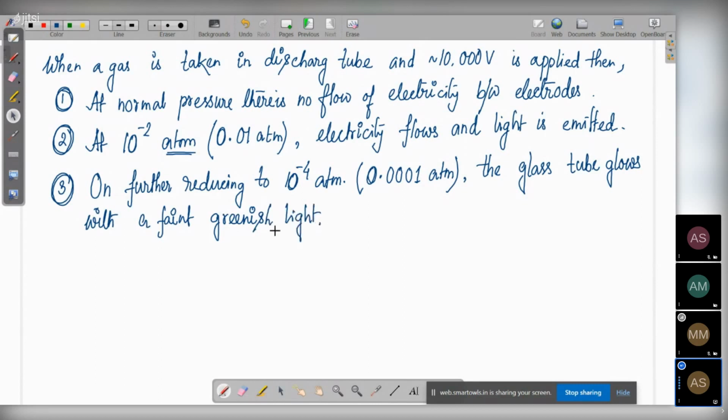Now, what did he conclude from here? How did he explain the observation? Because he was seeing something which nobody had seen at that time. These experiments are quite old, in the 1800s.